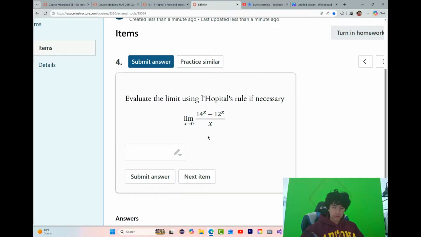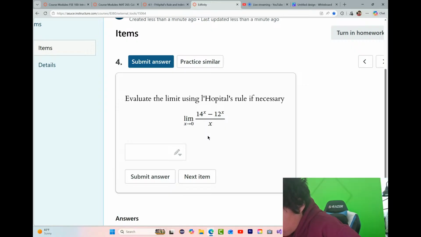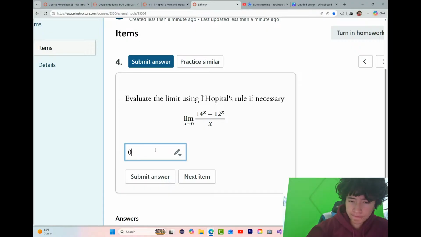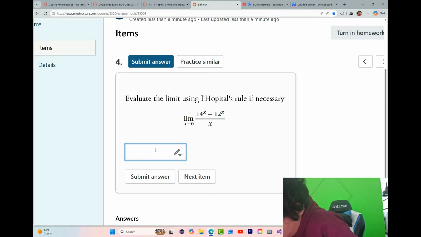All right. So let's continue. So we have the limit as x tends to 0 of 14 to the power of x minus 12 to the power of x over x. So 0. So we have 1 minus 1 over 1. 0 over 1. Oh, so is that simply 0? Oh, no, no, no. We have a 0 over 0. Forgive me. So, applying L'Hopital's rule, the limit as x tends to 0.